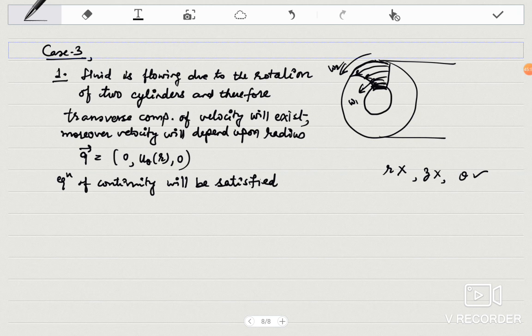Now we come to the equations of motion. I am writing the equations.